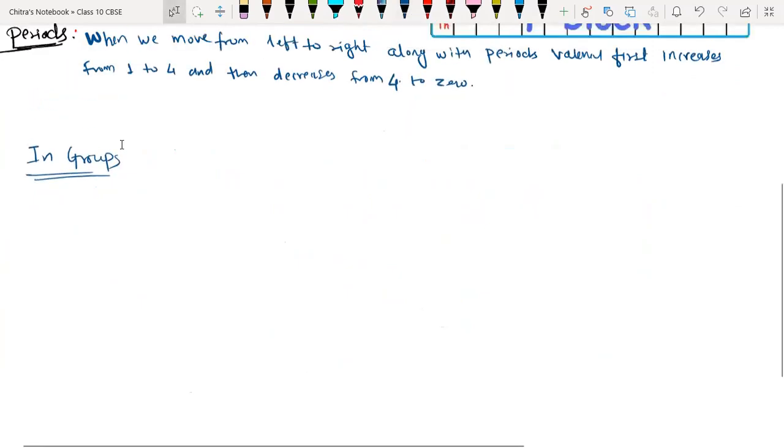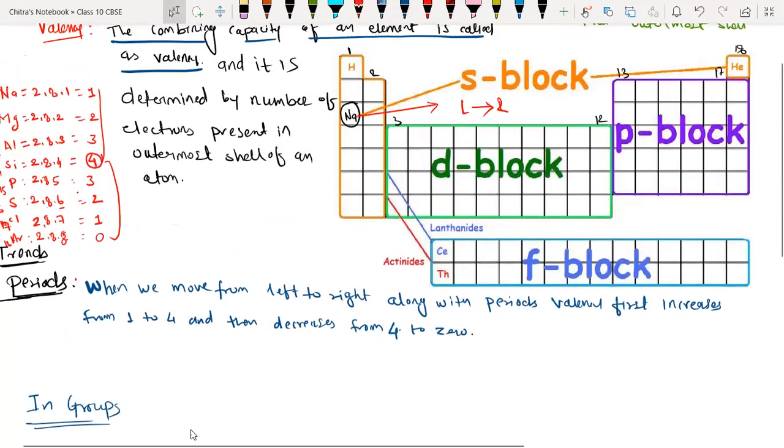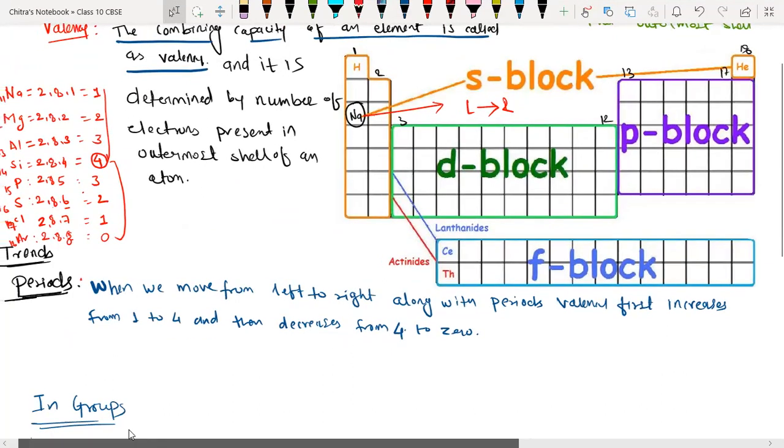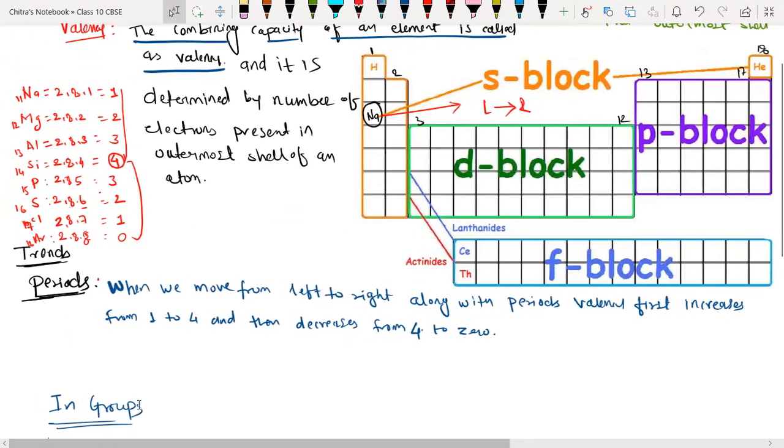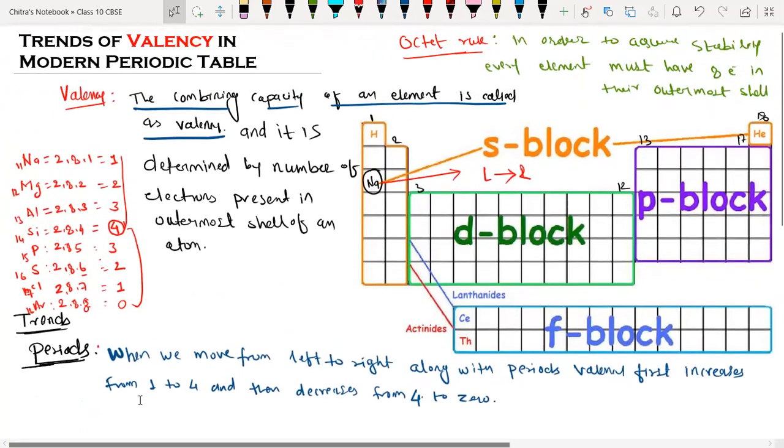Sir, could you show the last line once? Okay, wait a second.